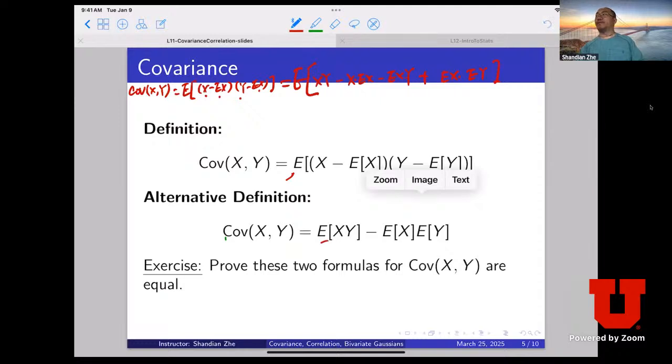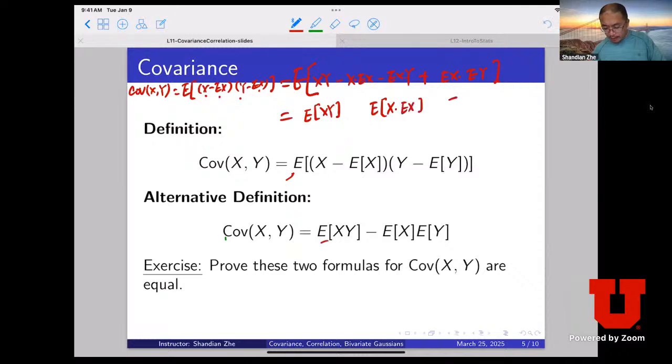So that means we're going to calculate the expectation of XY first, the expectation of X times E[Y], the expectation of E[X] times Y, and the expectation of E[X] times E[Y].